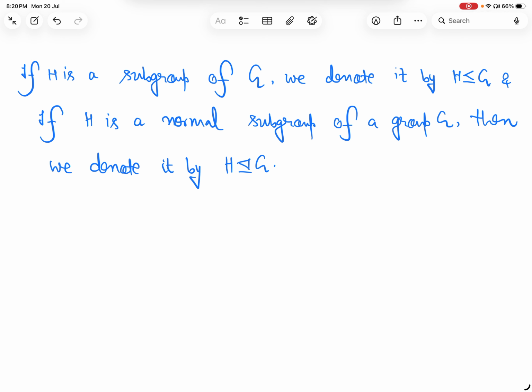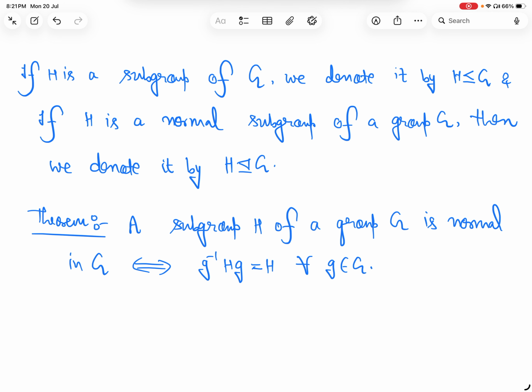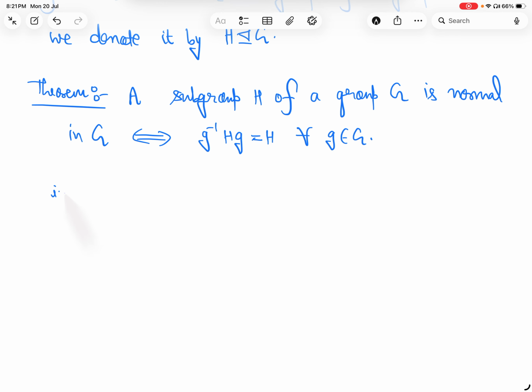So you can say it's a theorem. A subgroup H of a group G is normal in G if and only if g inverse H g is equal to H for all g belongs to G. It means, what does it mean?